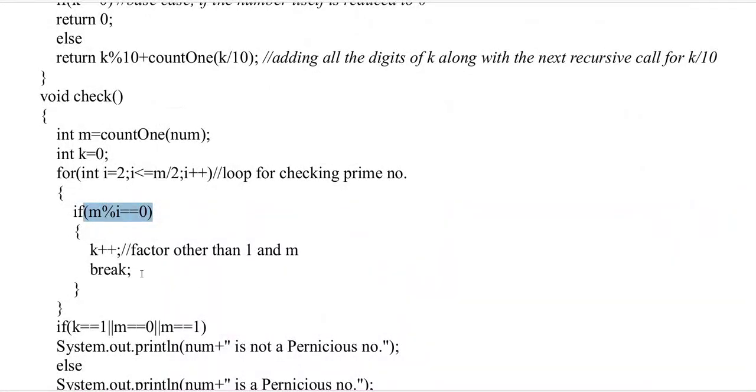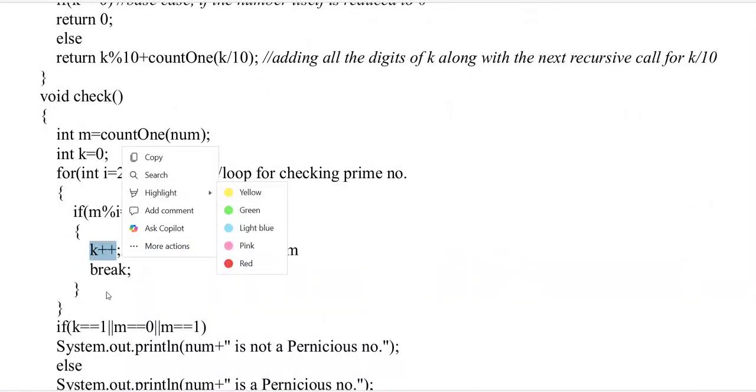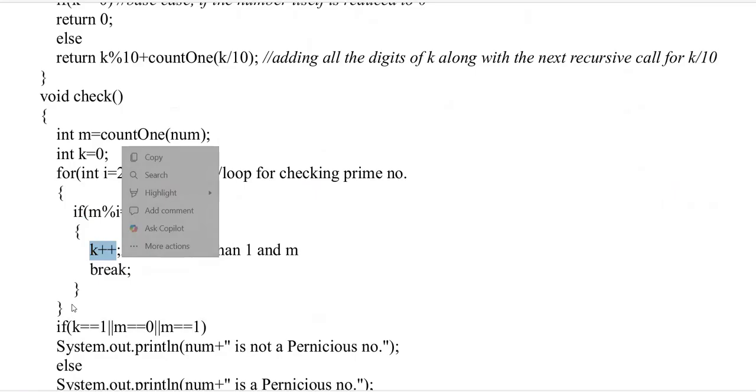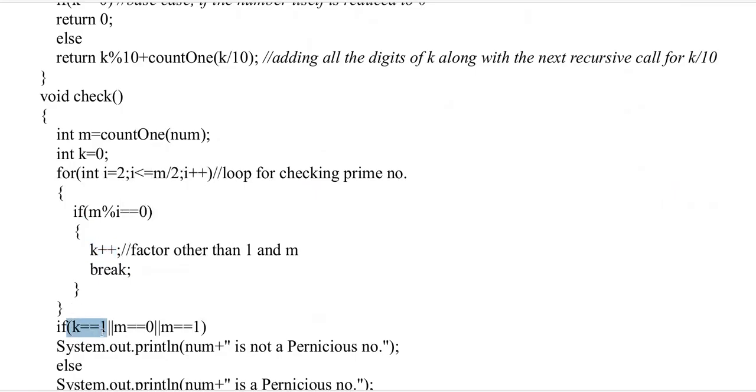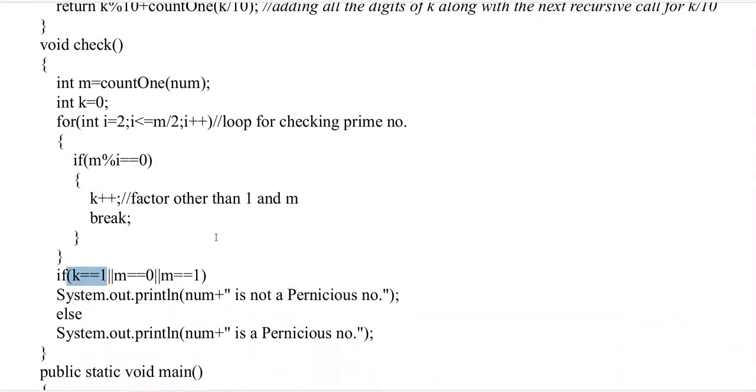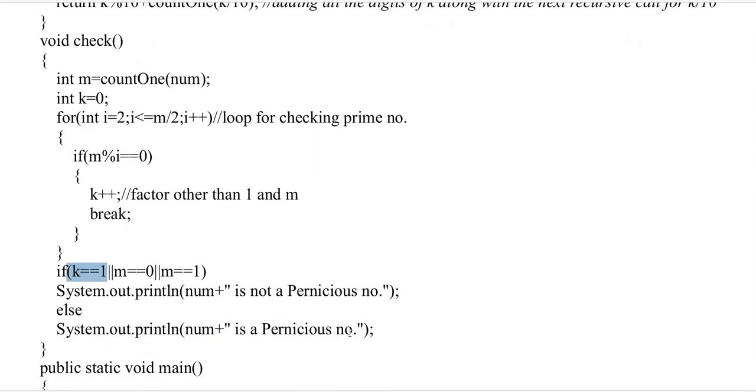In that case, it is no longer a prime number. So if my k value is 1, it is not a pernicious number. Even if m is 0 or 1, that is also not a prime number because it's asked for, it should be 2 digits minimum. And then otherwise it is a pernicious number.